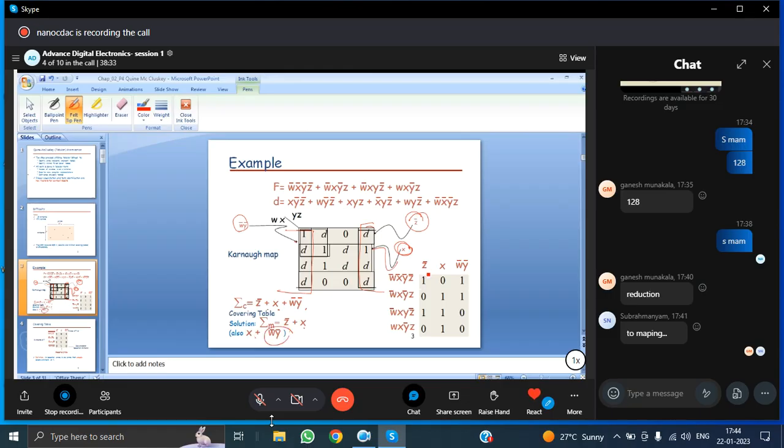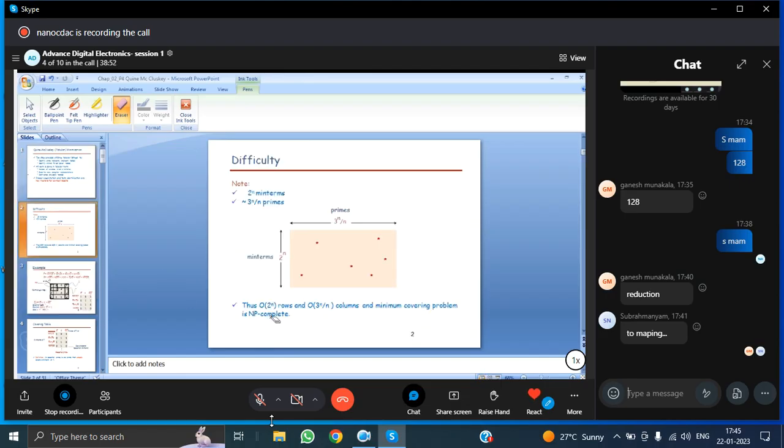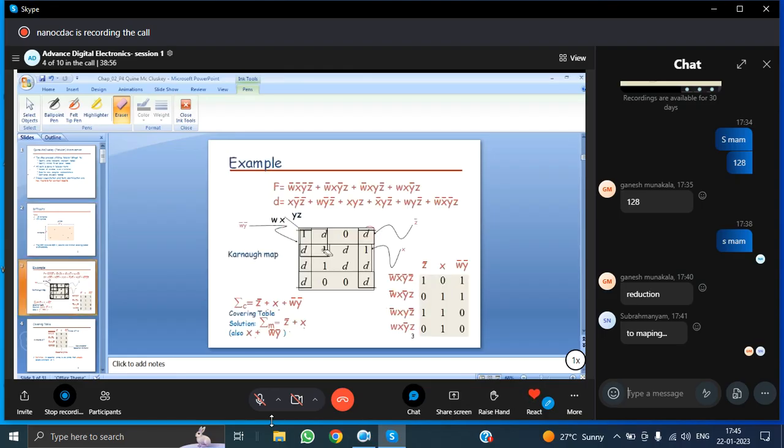If you write the truth table, it will become like this. But the thing is, how many min terms are there actually? 1 2 3 4, only 4 min terms are there.